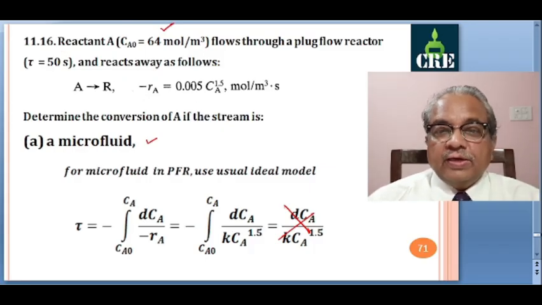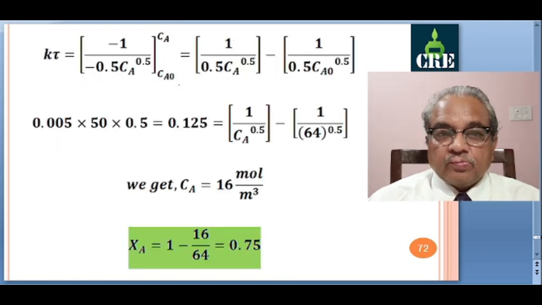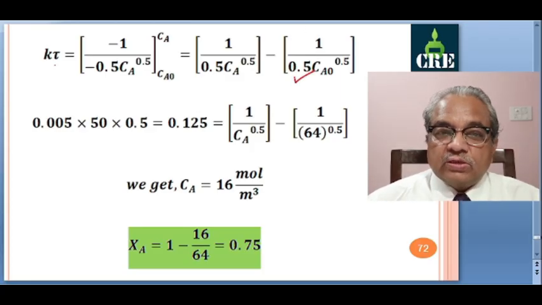Here K is 0.005 and tau is 50 seconds. This 0.5 we transfer to that side.